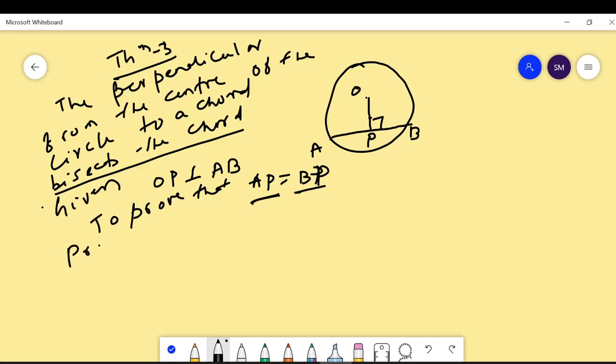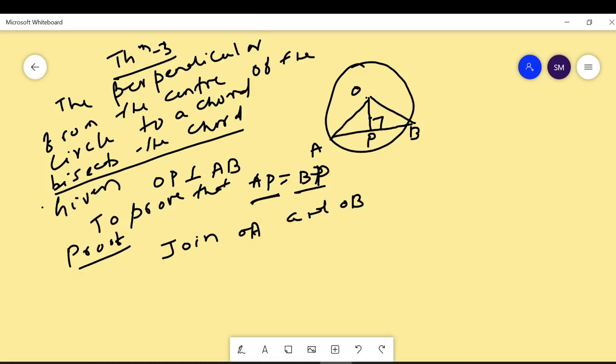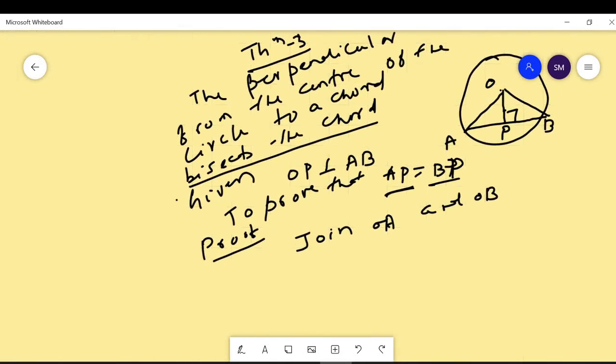Then proof. Construction: join OA and OB.